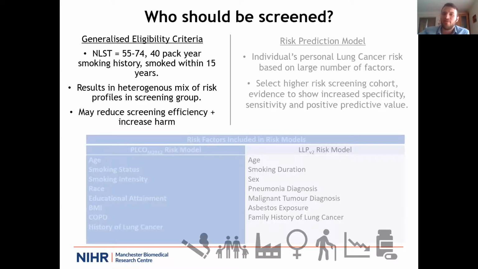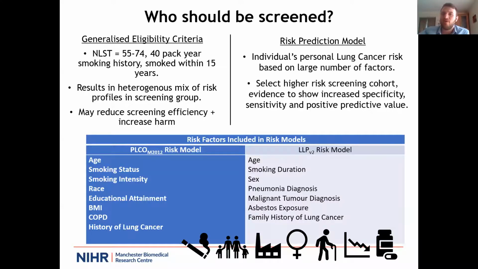The alternative really is the individual risk prediction model for screening. That takes a person's risk factors, all the various demographic and clinical factors that they have, and it produces a person's specific risk of developing lung cancer over a specific time frame. This has been shown in a number of studies to select a higher risk screening cohort and therefore increase the efficiency and the efficacy of the screening program.